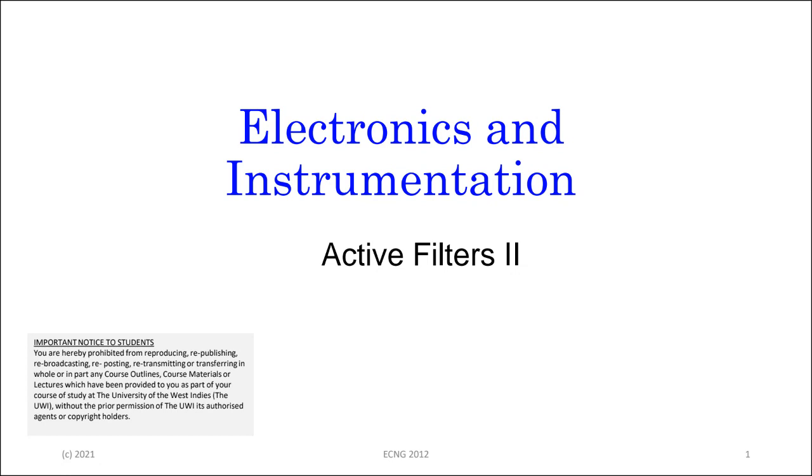So let's talk a little bit about the active filters. Last week when we started, we did the first order filters, which was an op-amp and a simple RC network in front of the op-amp. The op-amp part is what made it active.